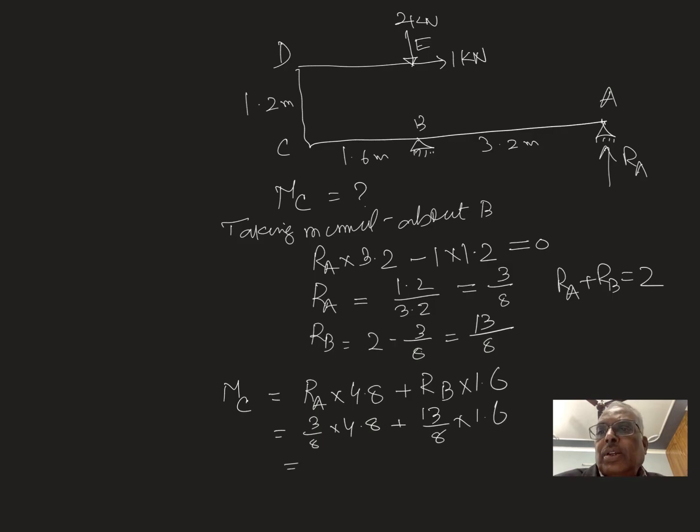Both are minus because they are anti-clockwise. So the value is 4.4 kilonewton meter. The moment at point C is 4.4 kilonewton meter. Now I can take another example.